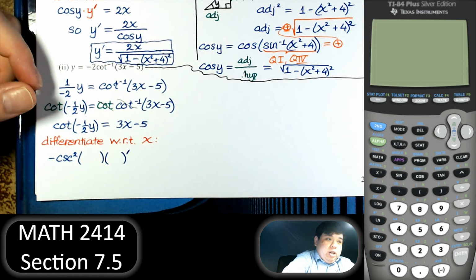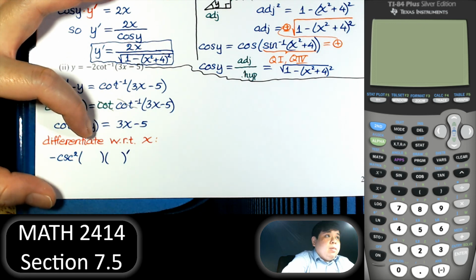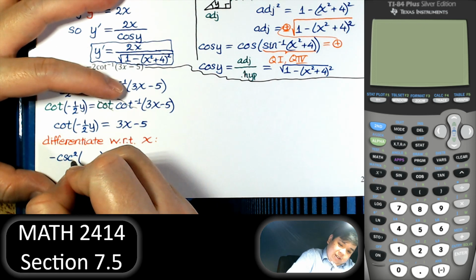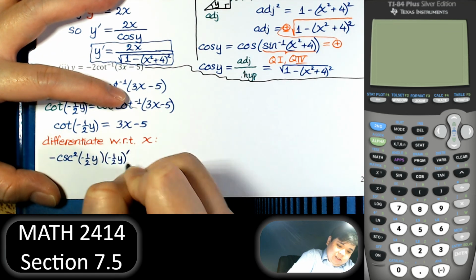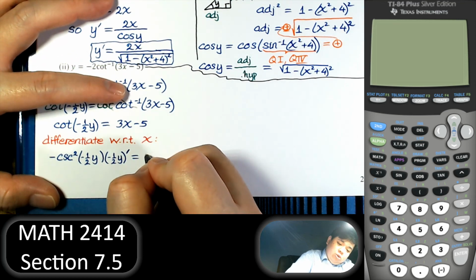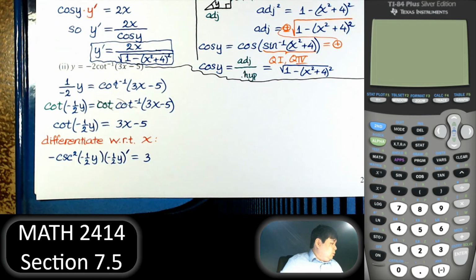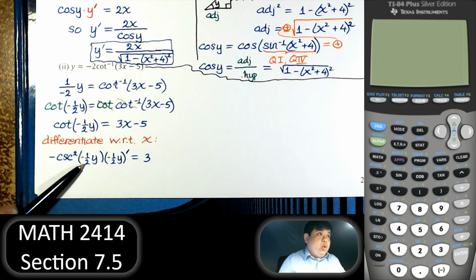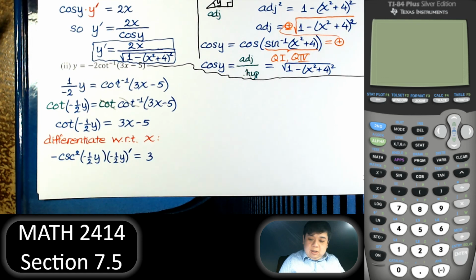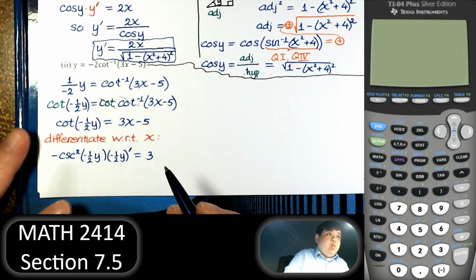So that is like the chain rule we did in the first video. And derivative of 3x minus 5, just 3. Right. And then this stays the same, we cannot do anything with it. This one, derivative of y, just y prime.